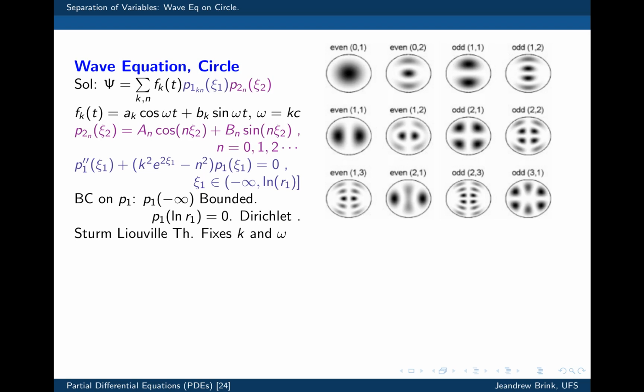What they're doing is exciting different modes, and then the drum sounds different because the frequencies of the modes are different. So if you were to hit the drum in the middle, you would be more likely to excite the fundamental mode, the lowest mode of the drum.